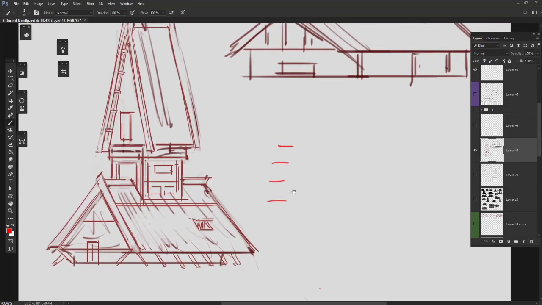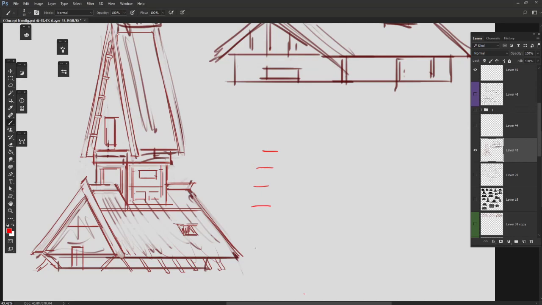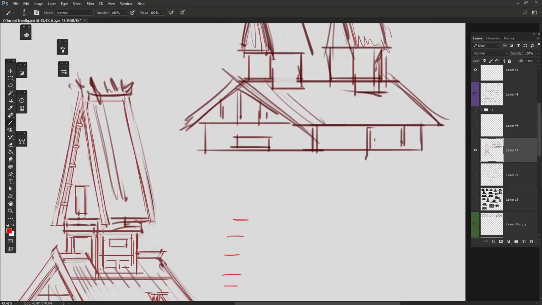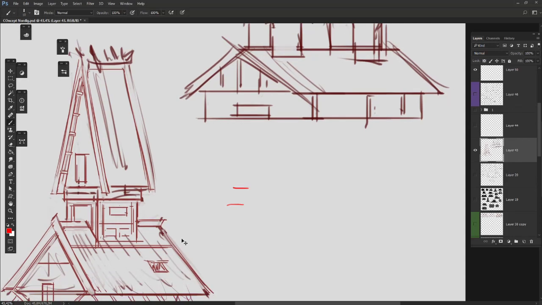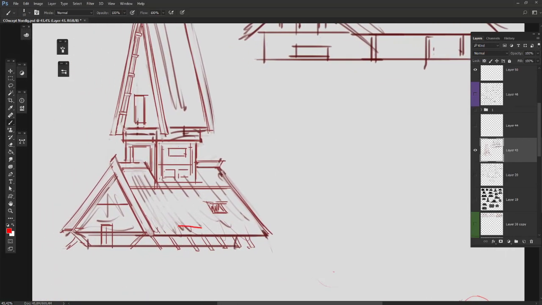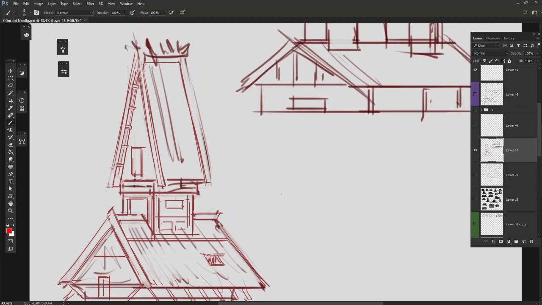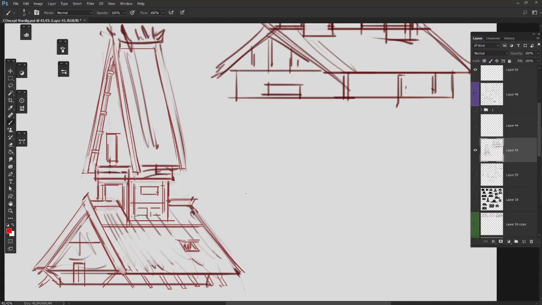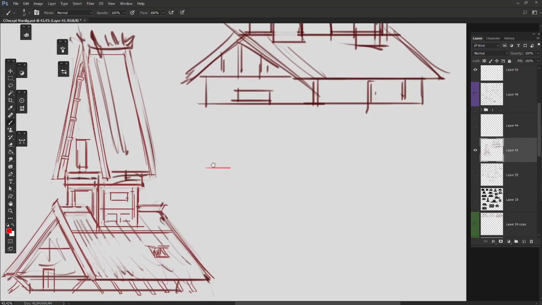Even though we have already established a history, we know what we need to add, for example, from the old one, which is barrels and all that other stuff. We can totally add those things into this house. But what kind of house is that? It looks like a guild house or the main hall of a Nordic tribe.